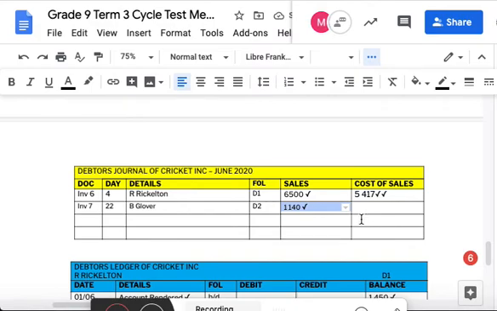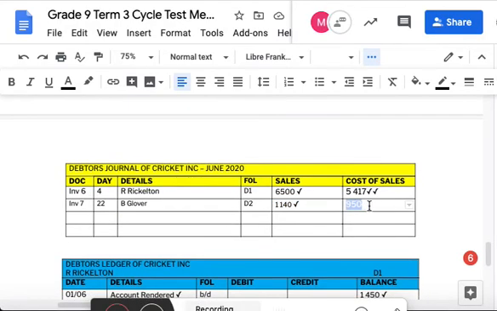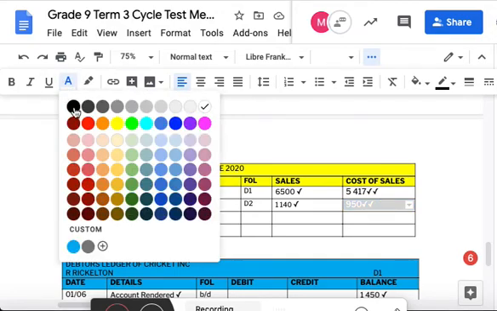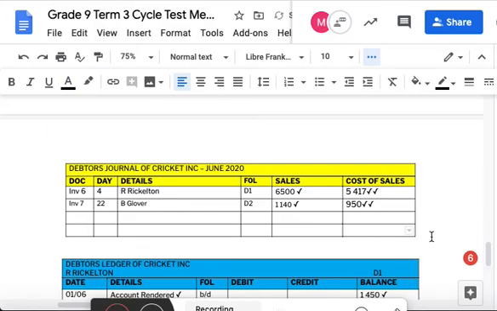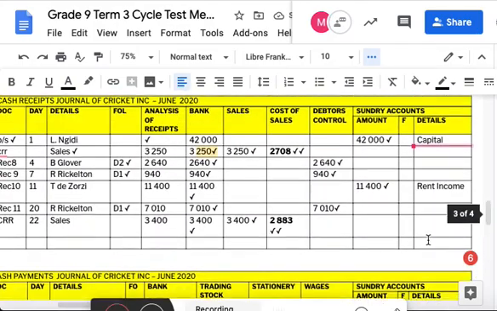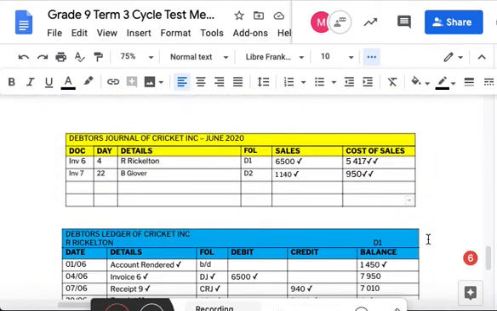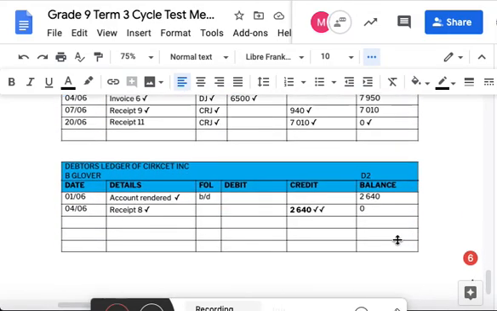How do we work out our cost of sales? They tell us the markup's 20%. We go 1,140 divided by 1.2, which should give us 950 Rand. Cool. Have we done everything there? No. What do we still need to do, Claudia?